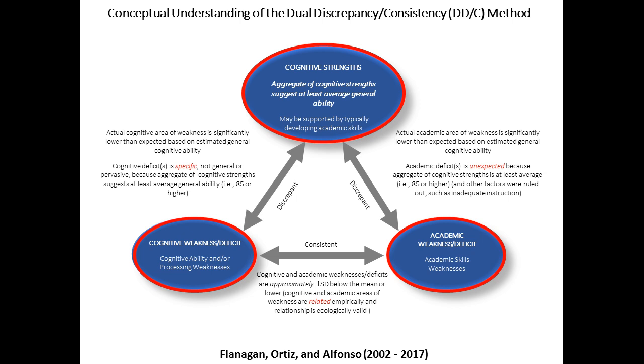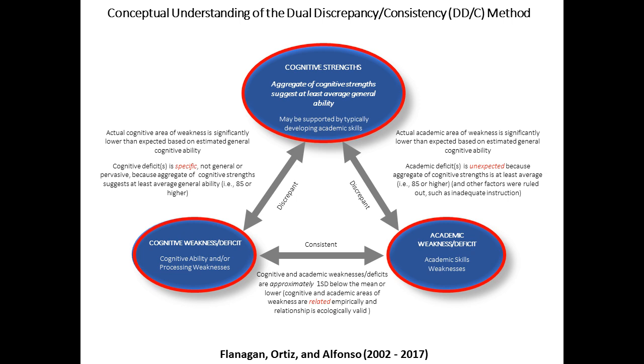So let me talk about just conceptually what PSW is: a pattern of strengths and weaknesses that's consistent with the SLD construct. There are a few different PSW models out there, and they all have a few things in common. So there are some conceptual similarities. The first is that all PSW models indicate that there needs to be evidence of a cognitive weakness or cognitive deficit.